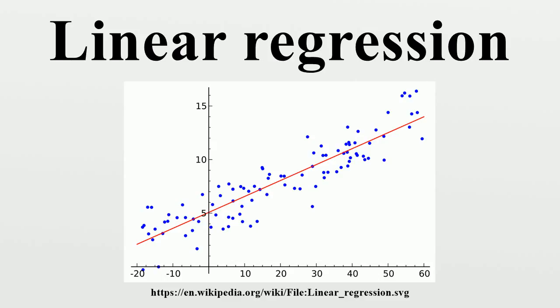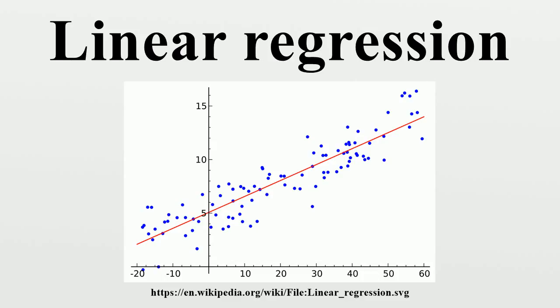Interpretation. A fitted linear regression model can be used to identify the relationship between a single predictor variable xj and the response variable y when all the other predictor variables in the model are held fixed. Specifically, the interpretation of beta j is the expected change in y for a one-unit change in xj when the other covariates are held fixed, that is, the expected value of the partial derivative of y with respect to xj.